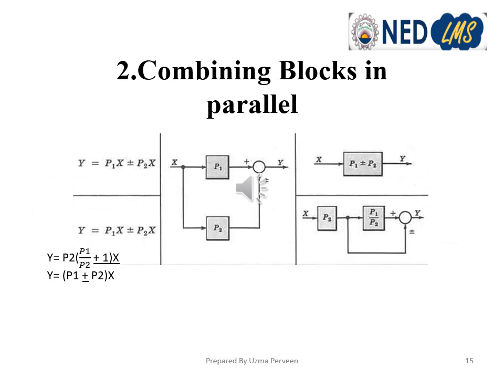The second technique: if we want to combine some blocks in parallel, then in the first diagram there are two blocks P1 and P2 which are connected in the forward direction, that is combining blocks in parallel. You can note here that the summer or the circle is on the right hand side of the block diagram. So y equals P1 x plus or minus P2 x.